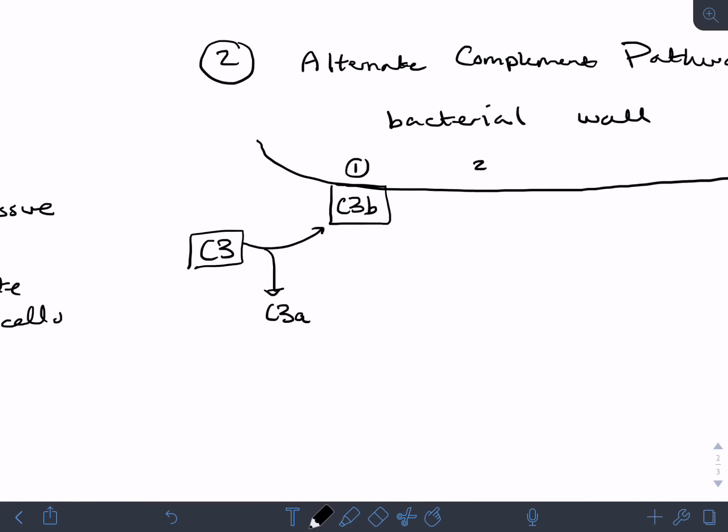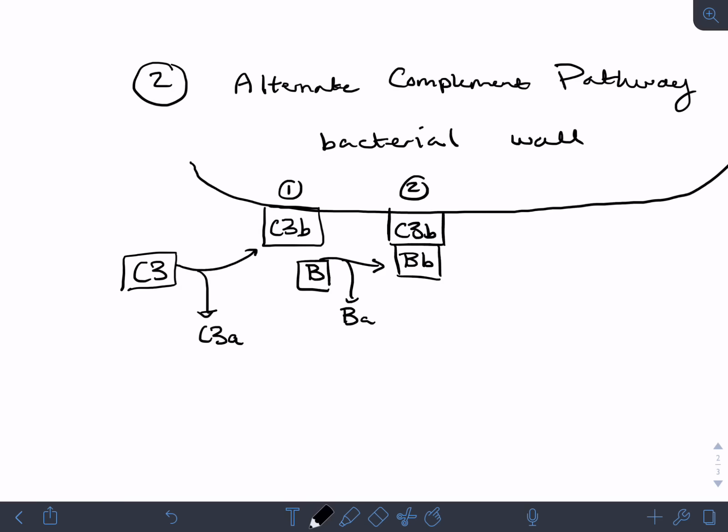Step 2, now you have C3b and then Bb, from big B. And then you're going to split this also into Ba. Notice how the b will bind to the bacterial wall, and a will go away. That's a good way to remember which one is going to stick to the bacterial wall.